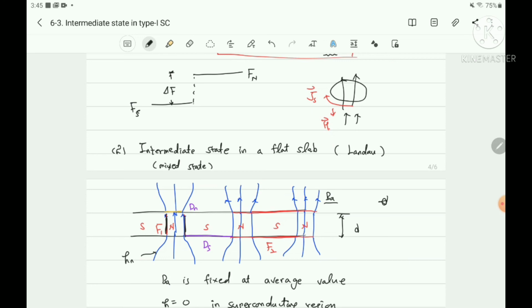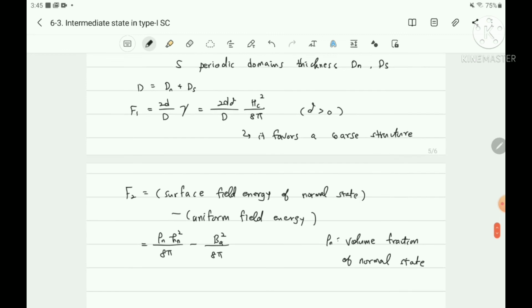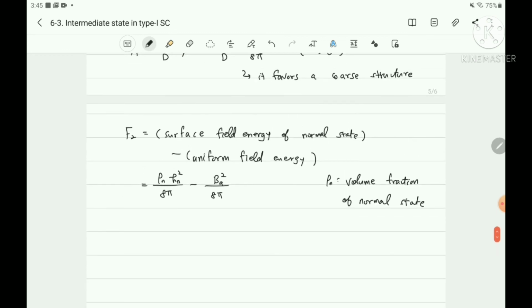Here for surface energy, we do not consider the superconducting state, because in the superconducting case there is no magnetic field. Therefore we only consider the normal state field energy, minus the uniform field energy on the outside.